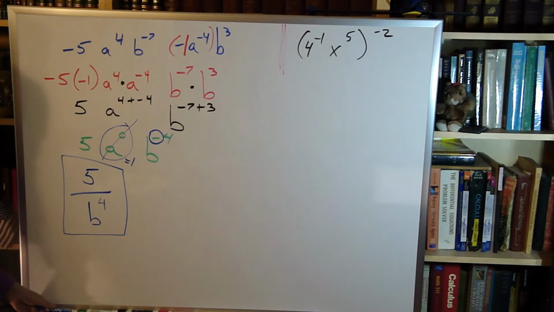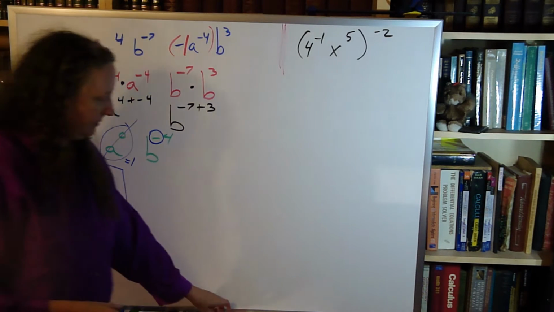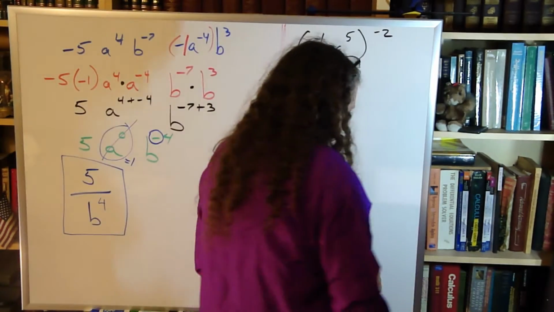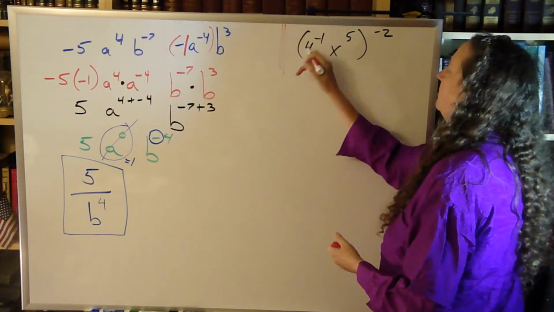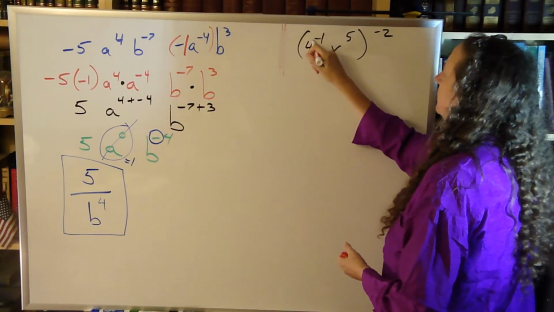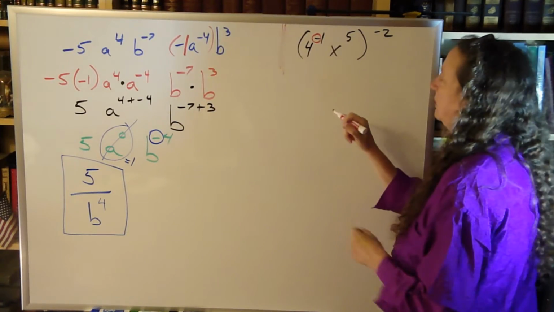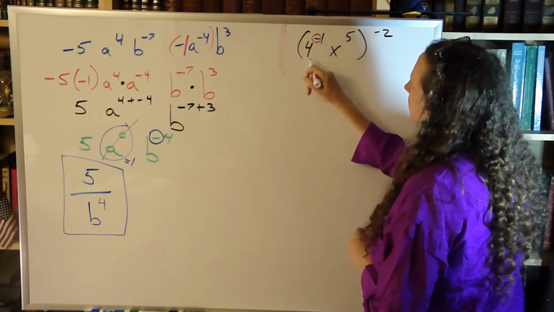Moving over to the other side. I'm going to apply my -1 to the 4. There are two ways of doing this, so watch both ways. Apply my -1 there.